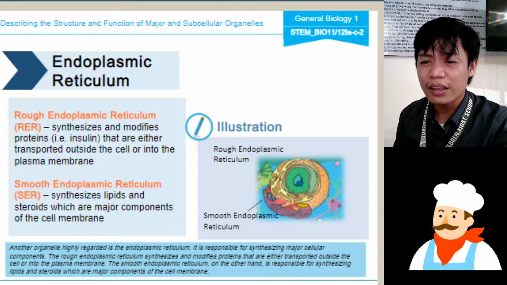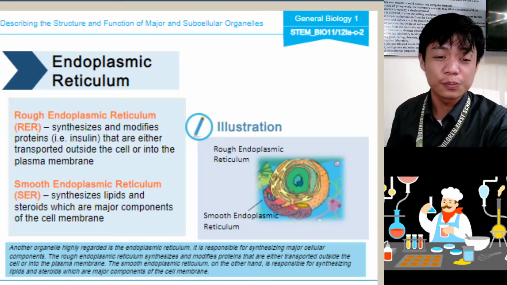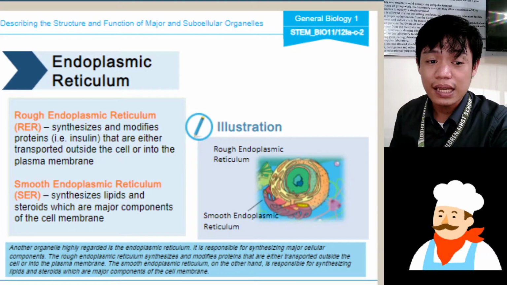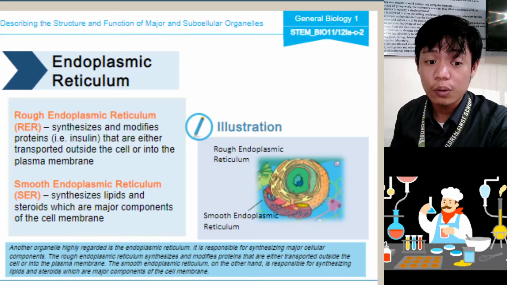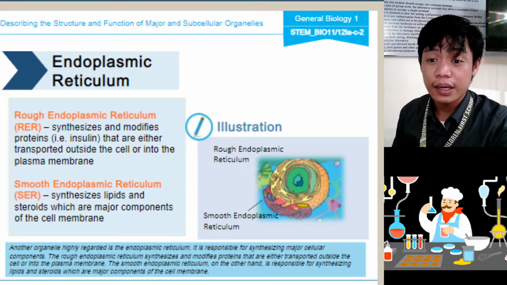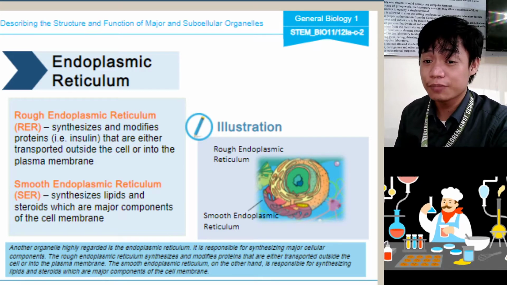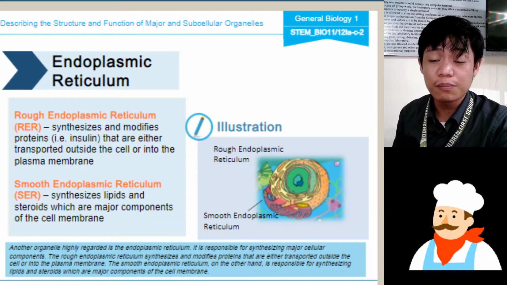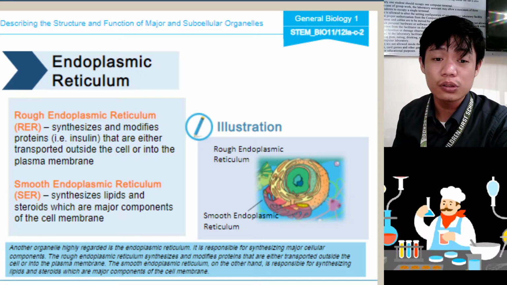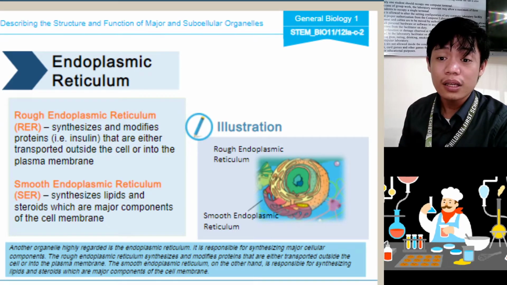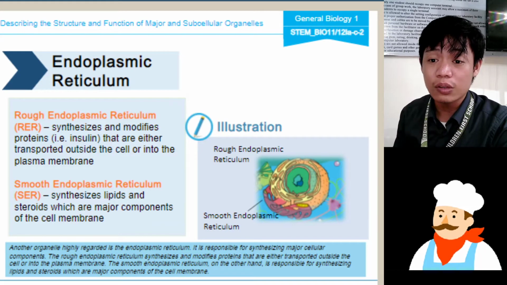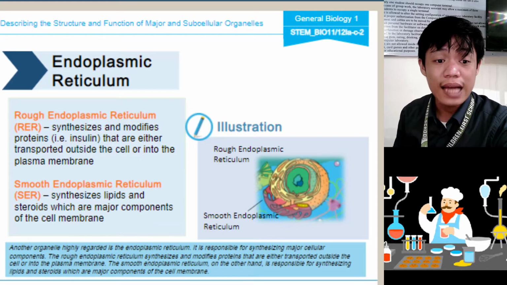It synthesizes lipids and steroids, which are major components of the cell membrane. They have special parts in the cell because they are able to associate with one another, specifically the plasma membrane, in order to perform their task.